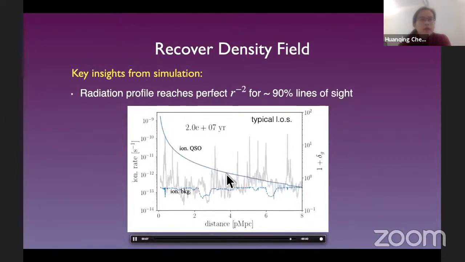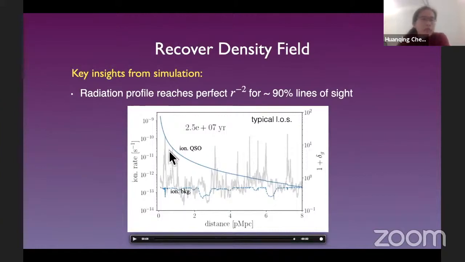As you can see, within thousands of years, the profile within 4 physical megaparsecs from the quasar reaches a perfect r to the -2 power shape.